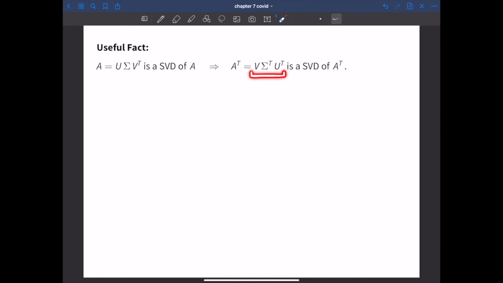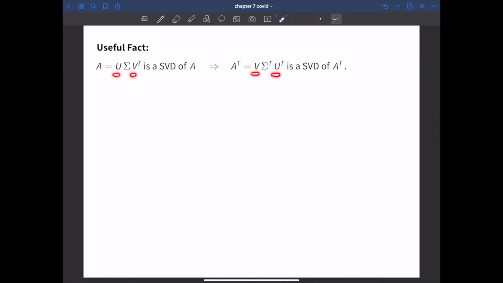Okay, this factorization we've got here satisfies the definition of a singular value decomposition. But it's not a singular value decomposition of the original matrix, it's a singular value decomposition of A transpose. So if we step back for a second, what this tells us is that if we want to find a singular value decomposition of a matrix, we can find a singular value decomposition of its transpose, and all we have to do is take the matrices U and V and swap their positions.